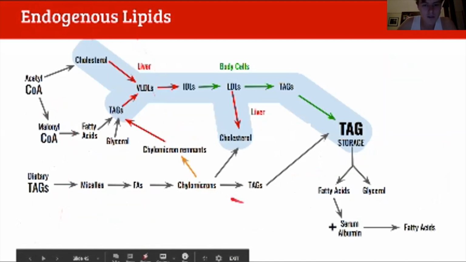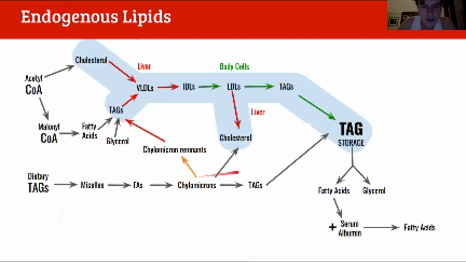And so that's what's happening in this part of the diagram. We eat fat, it ends up in our chylomicrons, which are released by our enterocytes, go into the bloodstream, into storage. It may release a bit of cholesterol into our body cells, and finally, whatever's left over in chylomicron remnants goes back to the liver.